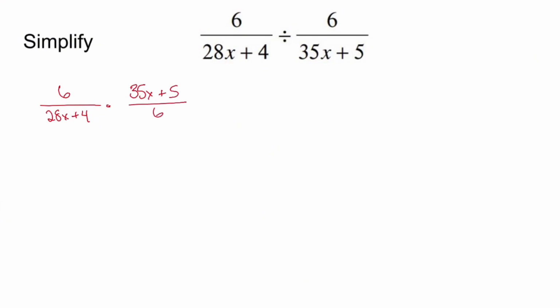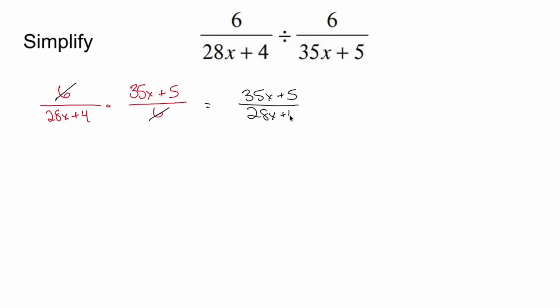Now, if you're multiplying fractions and you notice that there's something in the numerator that's the same as something in the denominator, cross those out. Now, that's going to leave us with invisible 1 times 35x plus 5. So let's write out 35x plus 5 all over 28x plus 4 times invisible 1.